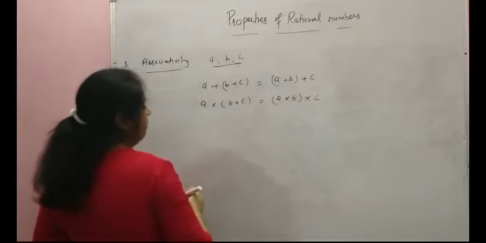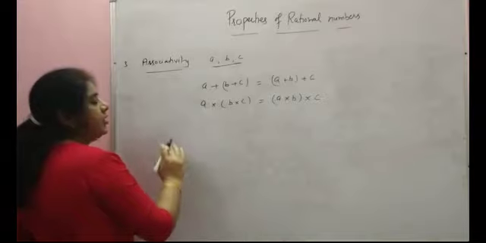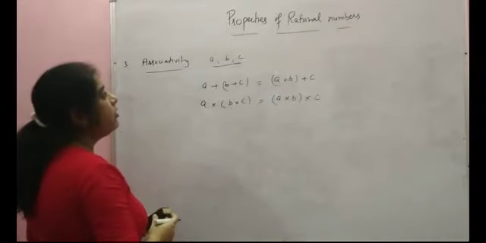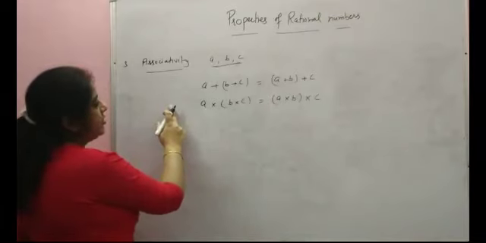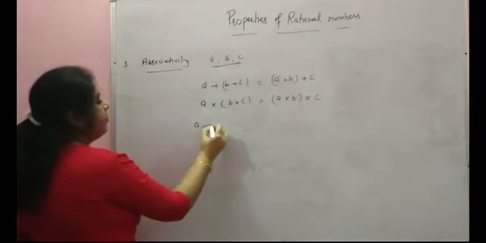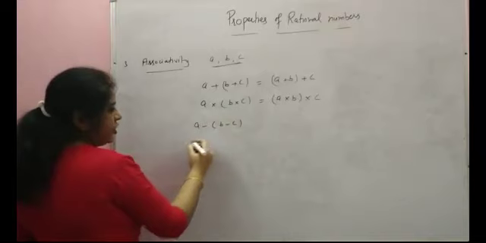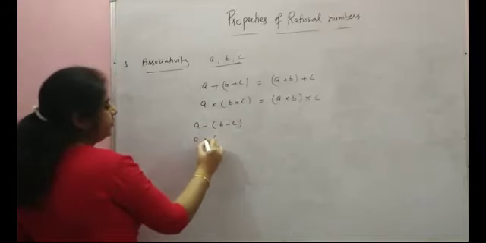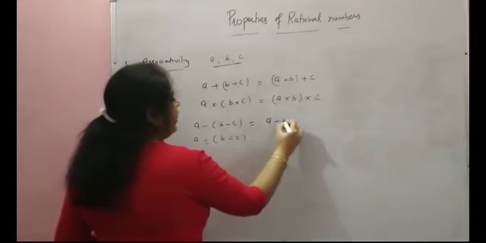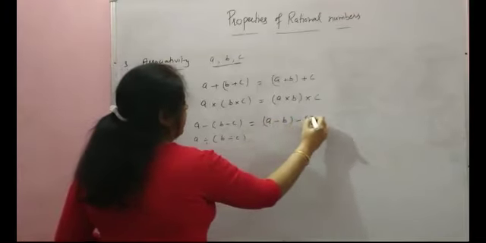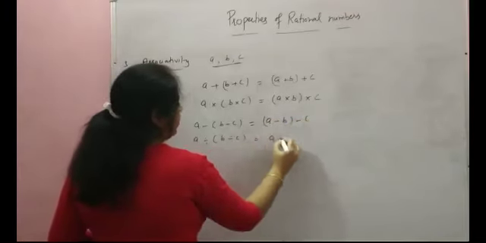Just as rational numbers are not commutative under subtraction and division, the same holds here. When we apply subtraction or division to any 3 numbers in any order, the answer will not be the same.